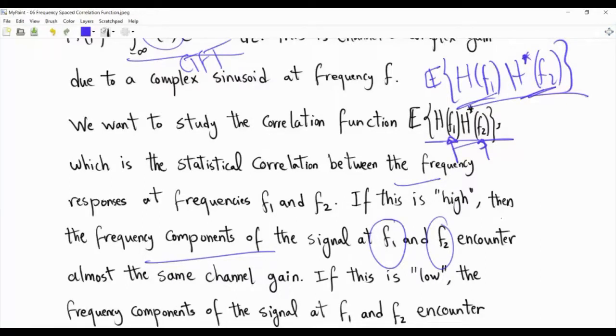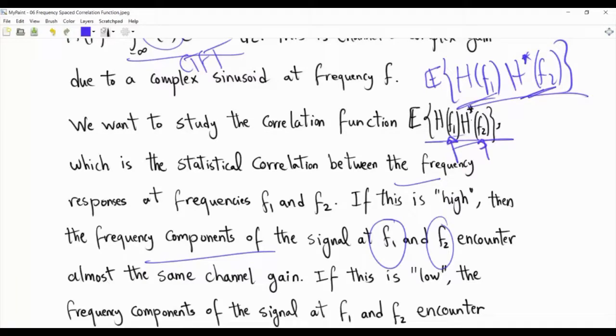Again, I'm just talking here without being rigorous. But if the correlation is high, in some sense, it means that the components of the signal at f1 and f2 see almost the same channel response. But if the correlation is very tiny, perhaps 0, then the spectral components in the transmitted signal at f1 and f2 encounter almost uncorrelated channels.